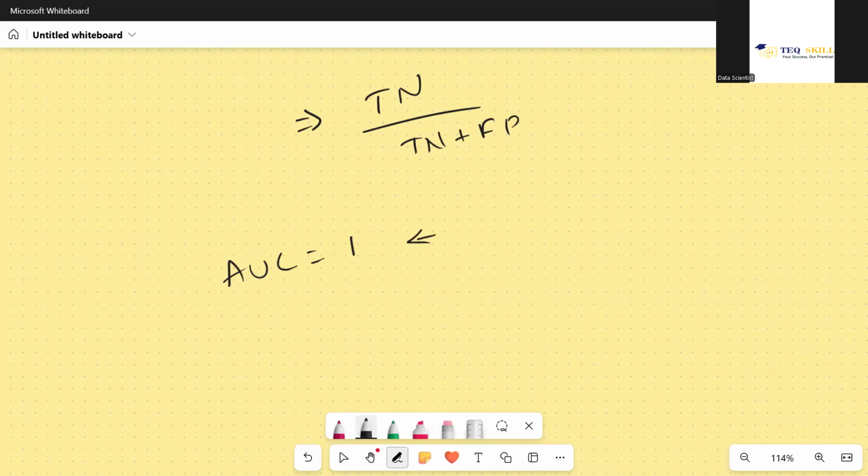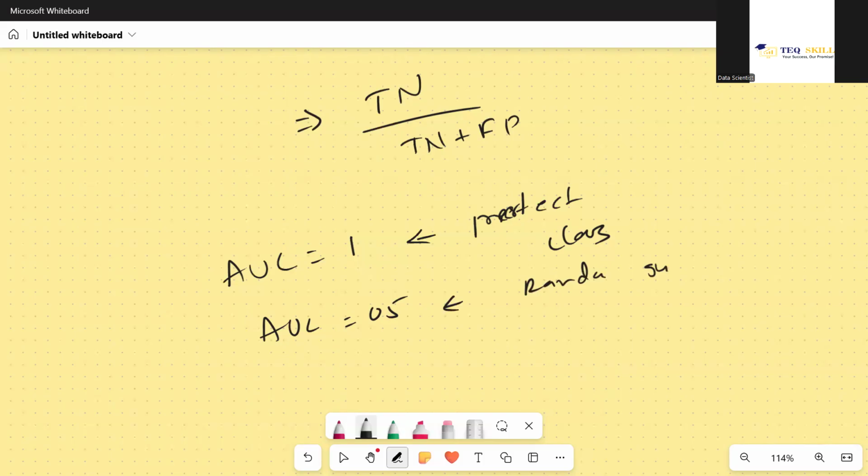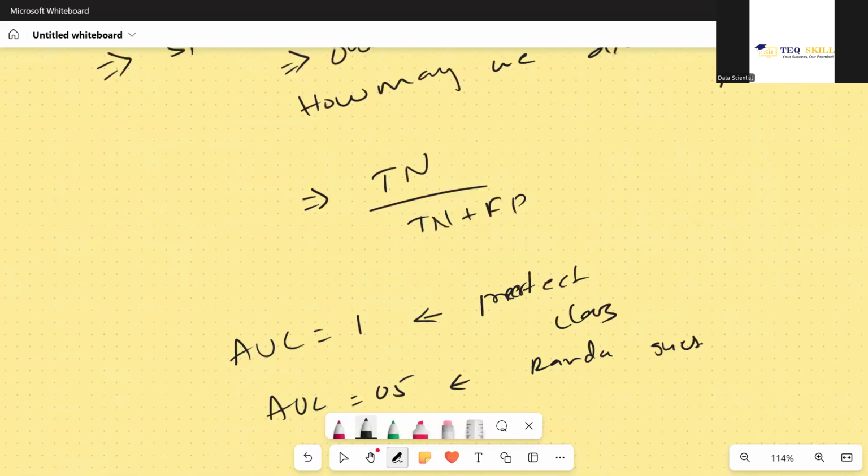If the AUC value is 0.5, then there are some kind of random guesses. 0 indicates a bad model. That is the use of AUC and ROC.